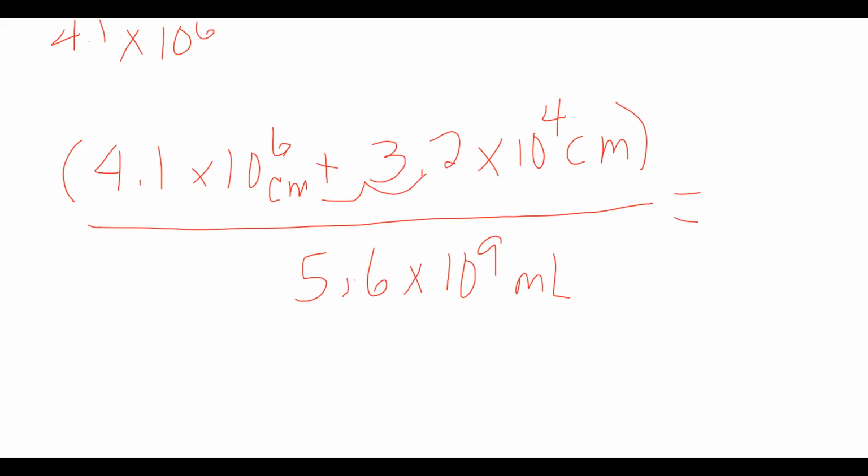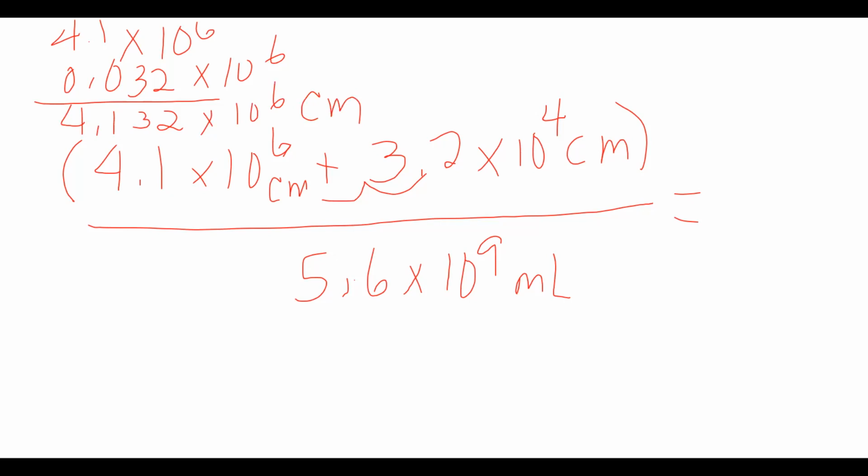Okay, so that's what we have. So if we have to move it 2, we have to do 0.032 times 10 to the 6, and we add that. Okay, so we got 4.132 times 10 to the 6, and that's centimeters.